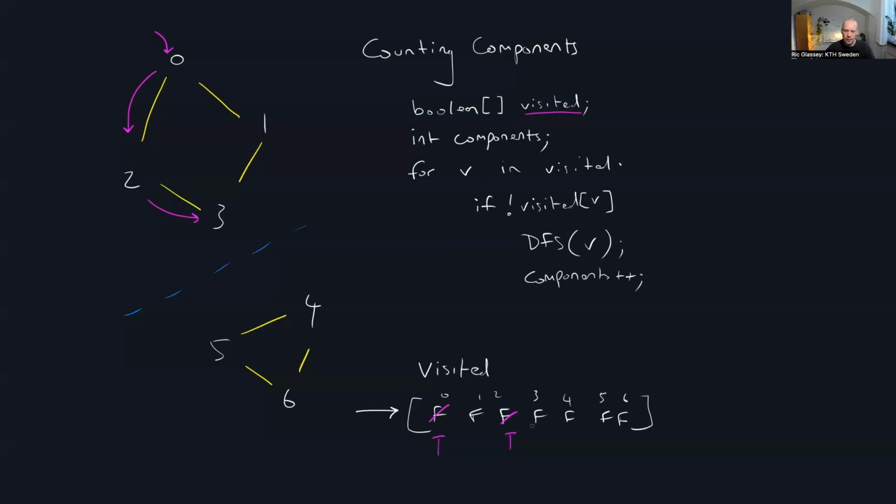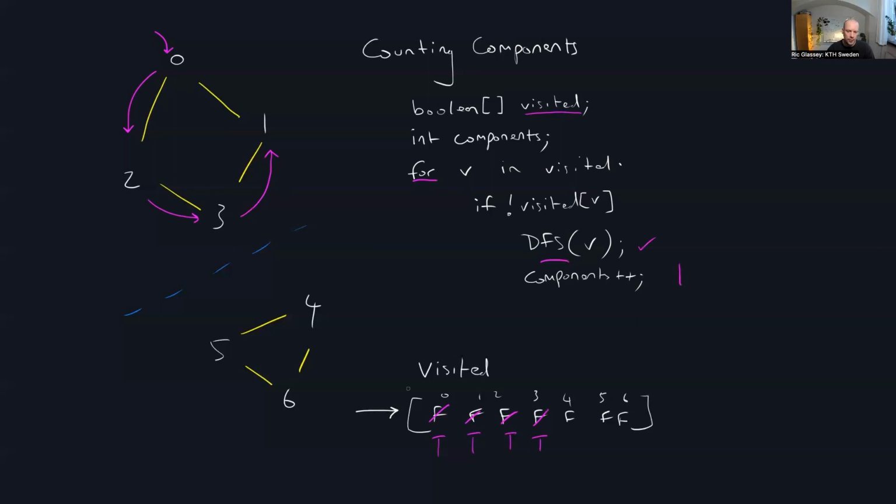So go to 3, mark that as true. 3 only has 2 and 1 as neighbors, so it goes to 1. Mark that as true. At this point in the depth first search traversal, we have nowhere else to visit. So this recursive call will collapse 3 to 0. We get back here. So once this completes, then we say, okay, we've found one component.